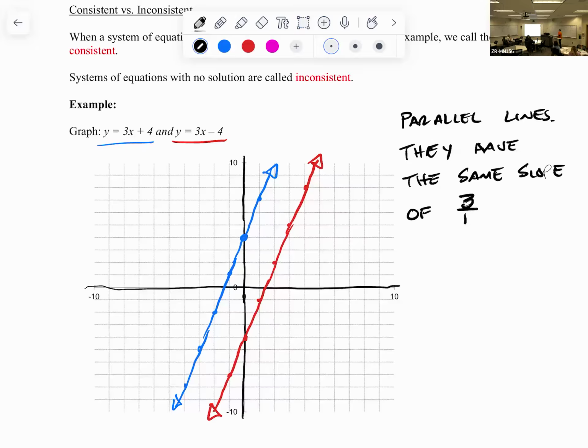They have the same slope of 3/1. Again, always good to be specific. And so that means where do they cross? There is no intersection.